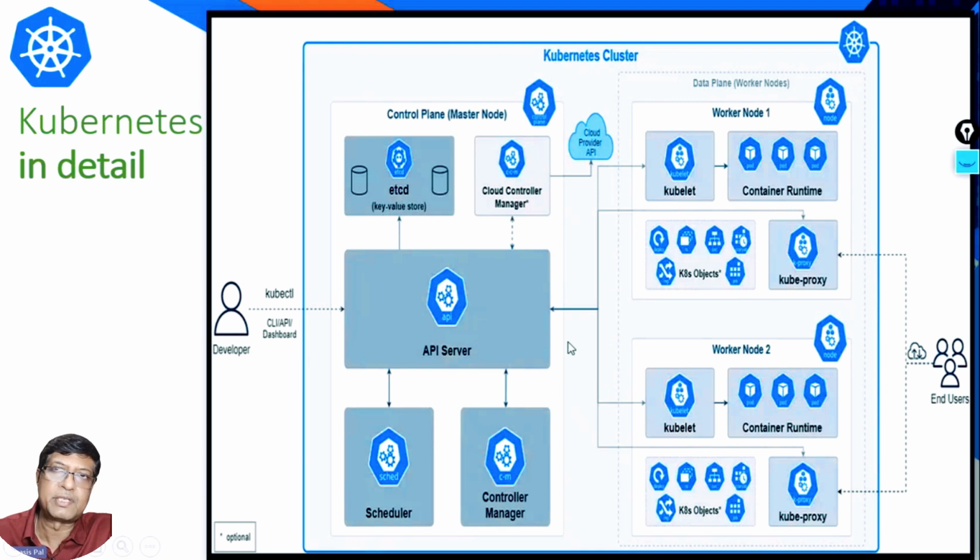In a big orchestra where there are hundreds of musicians playing different instruments, this is the master or the maestro, you can say, or the conductor of the orchestra, the manager, who will manage the entire show. Nothing will happen without it. If this API server goes down, the entire cluster can go down.